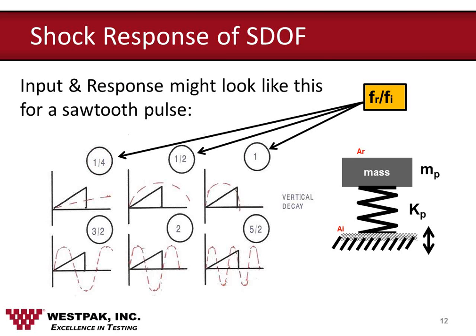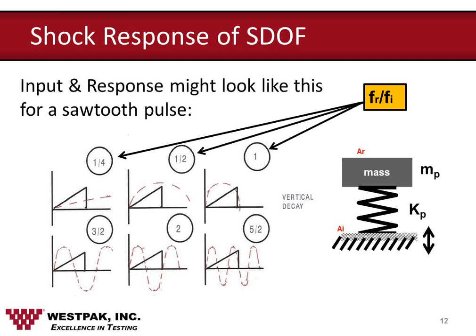So the result is that you have a very low response. If this is the input pulse, the response here shown in the red dashed line is relatively low relative to the input. Even though the input's at some level, the response can't keep up with it. That's what it's trying to say.